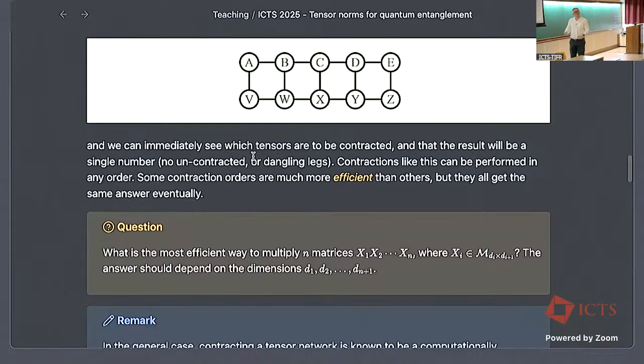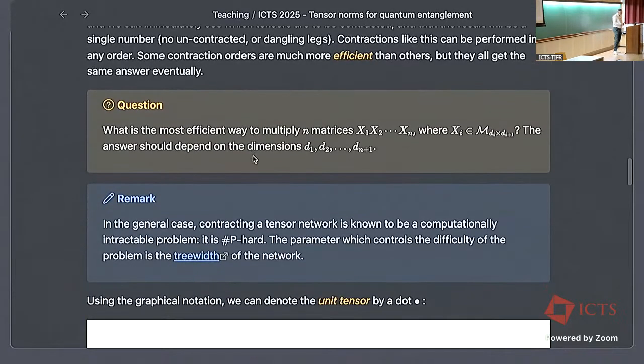So what's the best way to multiply matrices? Is there a nice way to think about this? Well, the answer is yes for matrices, but no for general tensor networks. It's very hard to find the optimal way to contract, to multiply these tensors, for a general tensor network.